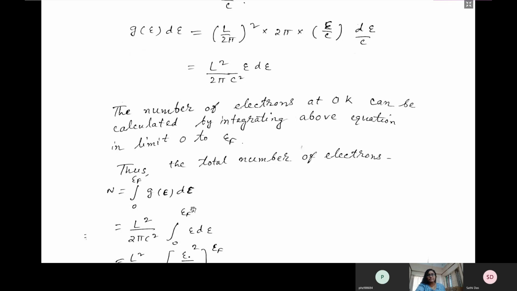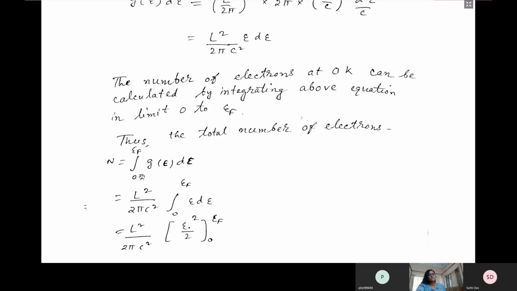Okay, so in the Fermi-Dirac distribution, we have already discussed that whenever you are calculating the total number of electrons, you have to incorporate f(E) into g(E) dE, that is the density of states within that energy level, into the occupation probability, over 0 to EF. Okay, so this is N.